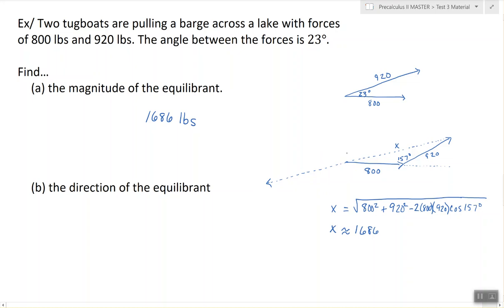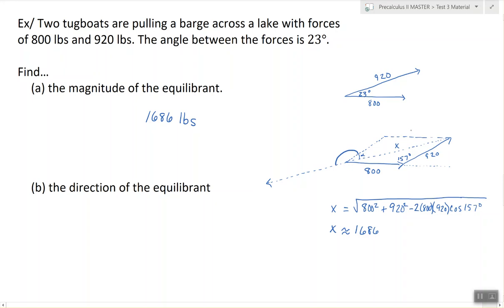And if we make this into our parallelogram, we have to find this angle right here. So if we could just find this angle right here, alpha, and subtract that from 180, then we'll have the measure of that angle.